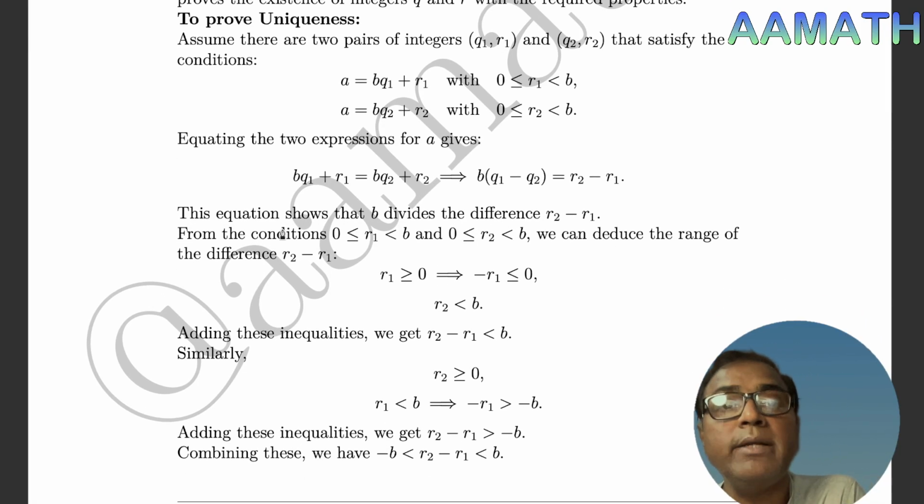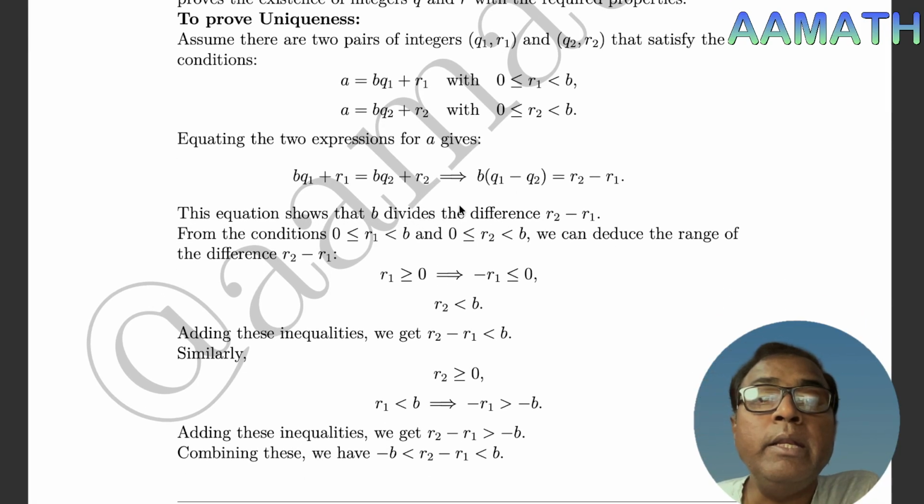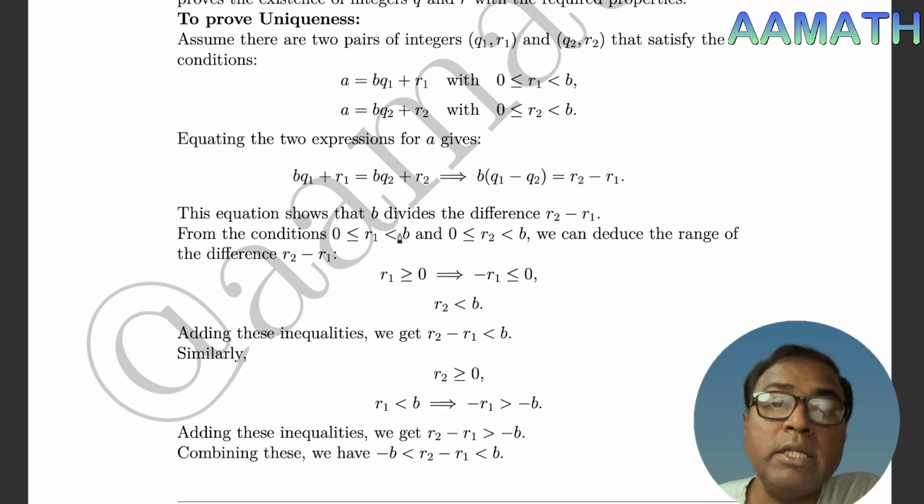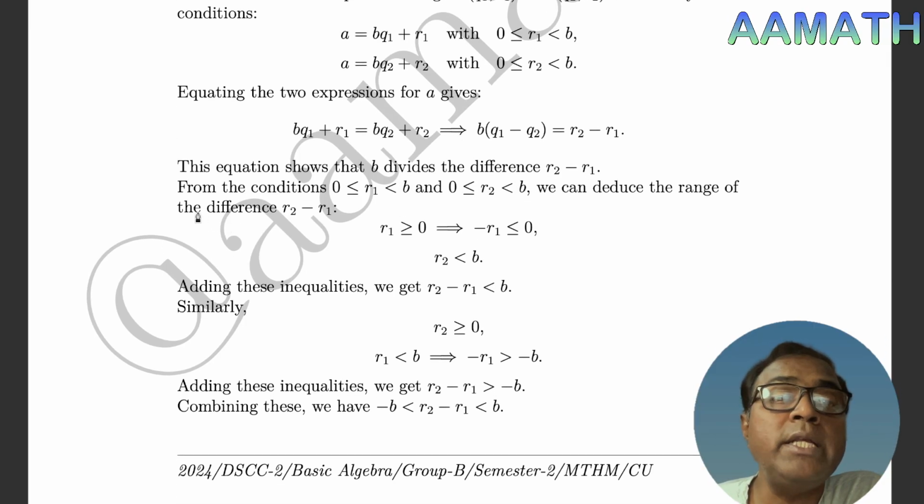This equation shows that B divides the difference R2 minus R1. From the conditions 0 less than or equal to R1 less than B and 0 less than or equal to R2 less than B, we can deduce the range of the difference R2 minus R1.